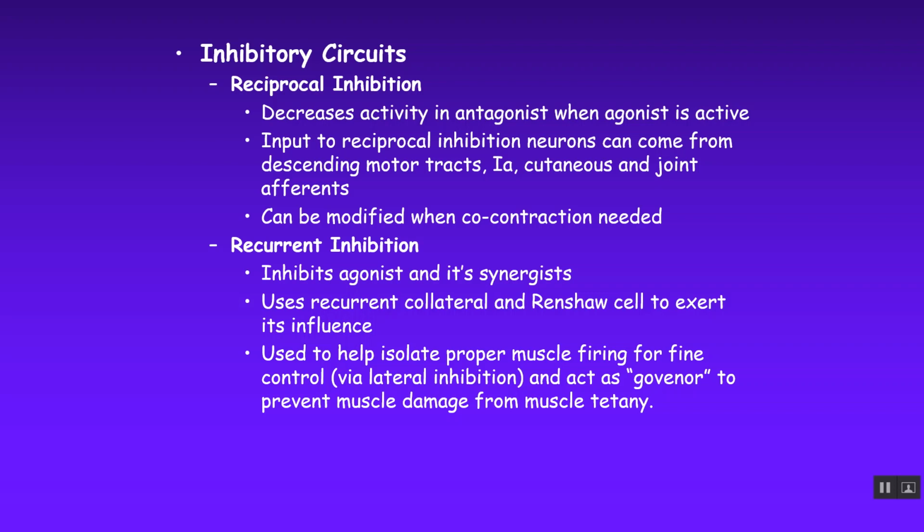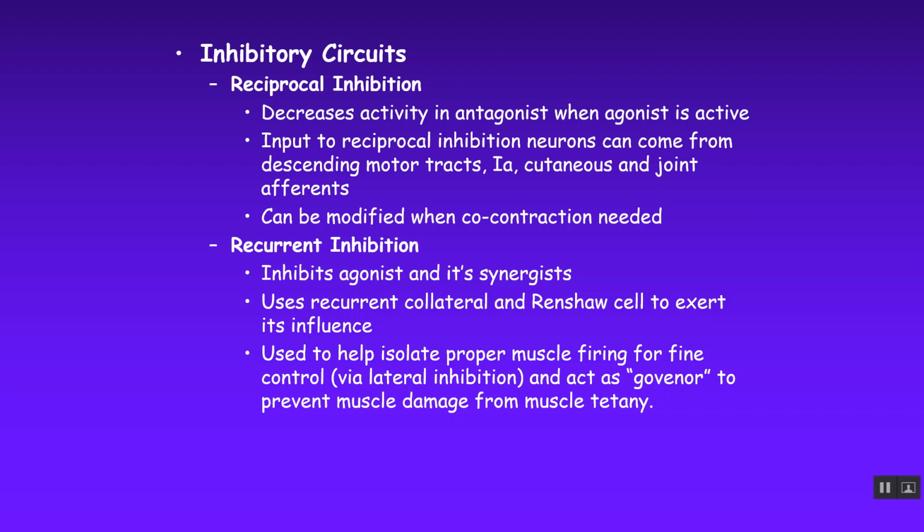Recurrent inhibition, this is where you have inhibition of the agonist muscle and all of its synergist muscles. It uses a recurrent collateral and a Renshaw cell to exert its influence. This is a little bit counterintuitive. The term recurrent inhibition is mainly used for fine motor work, where you're trying to isolate certain muscles and muscle fibers to work and have everything else not do its job.